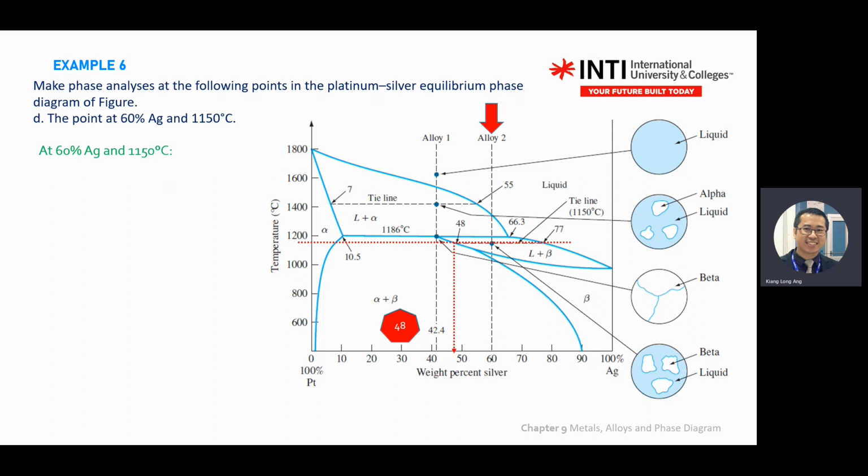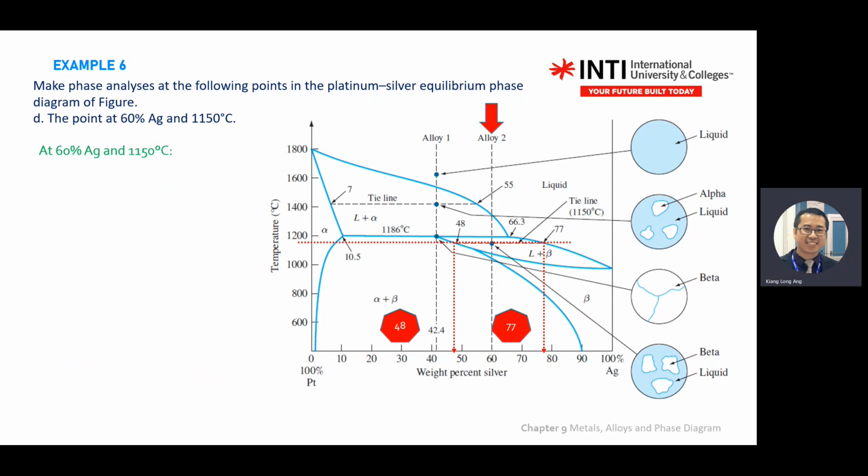You focus on the one that is very near to the vertical line. Here you see it's about 48% and 77%. You don't look for the others. So you draw a vertical line of the weight percentage, then a horizontal line.